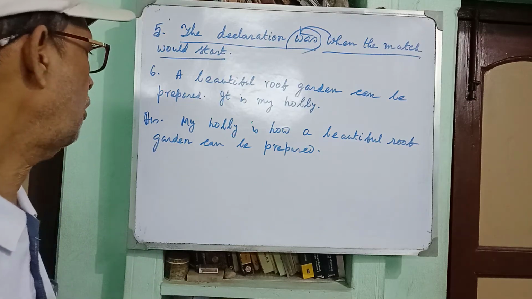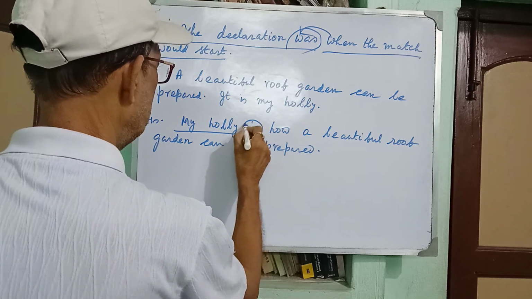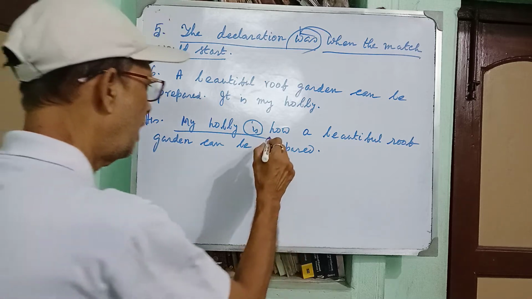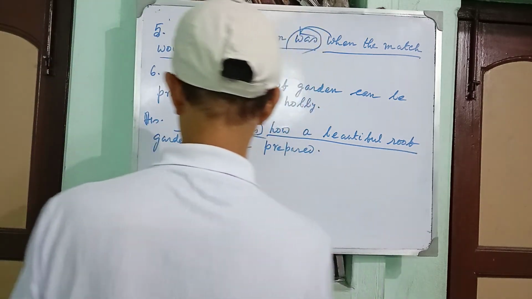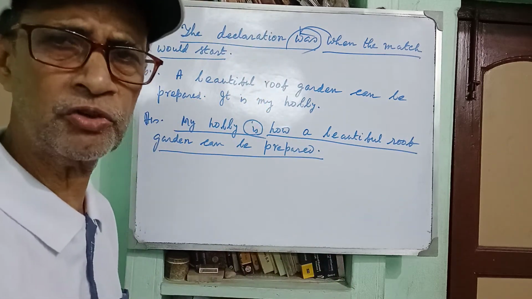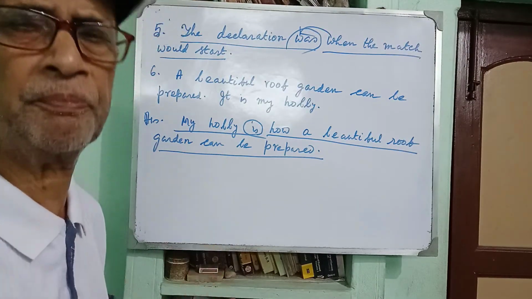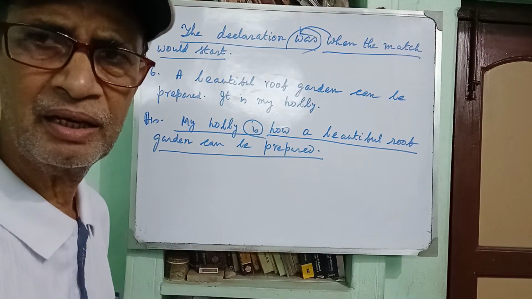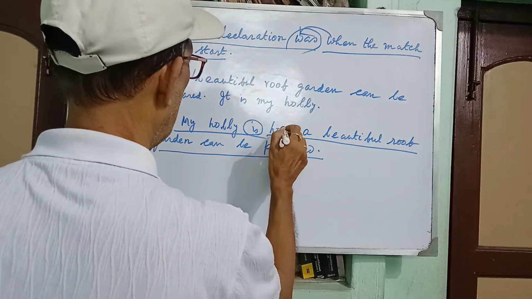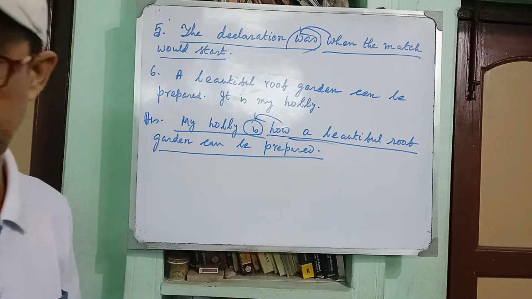My hobby is principal clause, and the principal clause ends with be verb, that is. How a beautiful roof garden can be prepared is a subordinate noun clause, because it is acting as the object complement. What is the hobby? Hobby is how a beautiful roof garden can be prepared. Complement to the verb is, and it is the noun clause. Clear?